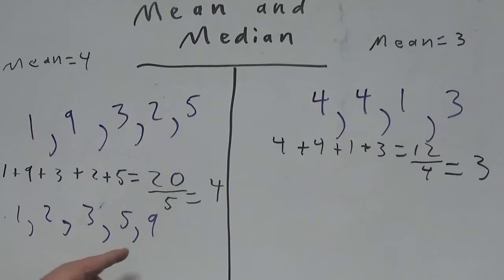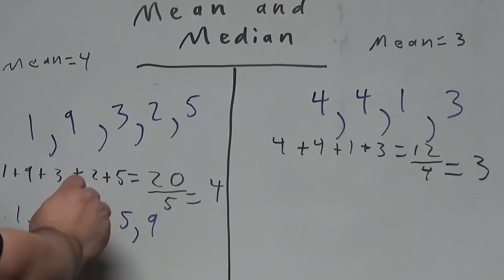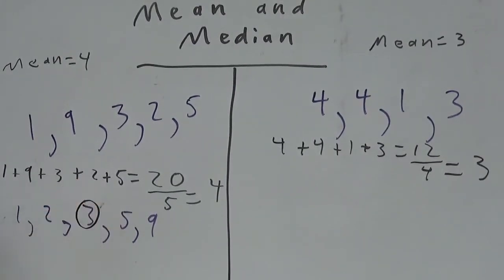Now that I have these in order, I'm going to look for the middle number. Median is your middle number. You can plainly see that the number in the middle is 3.